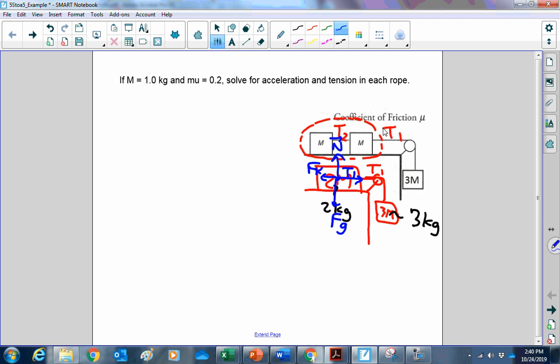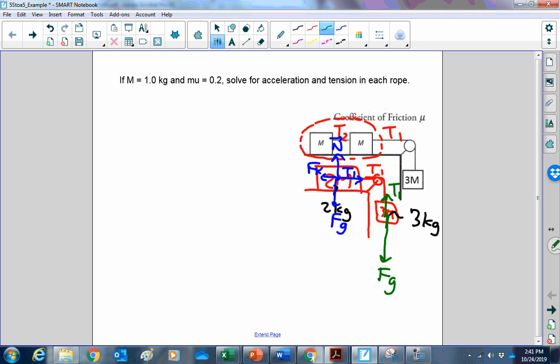And then for the hanging block, I have its weight, which should be longer, sorry. It's more massive than the 2 kilograms, so I'm trying to draw these to scale. And then it has tension, which is the same T1.